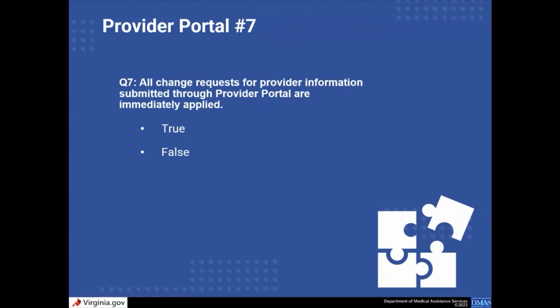Certain items require additional processing by a PRSS clerk for approval. Question 8. It is the provider's responsibility to ensure that all of their information available in Provider Portal is kept up to date. Is this true or false? The correct answer is true.